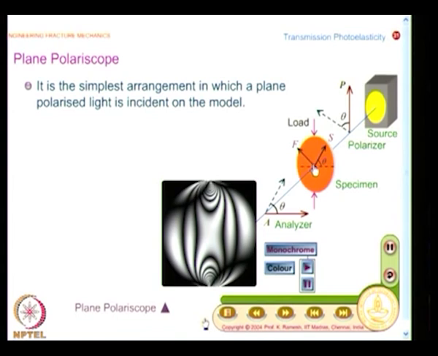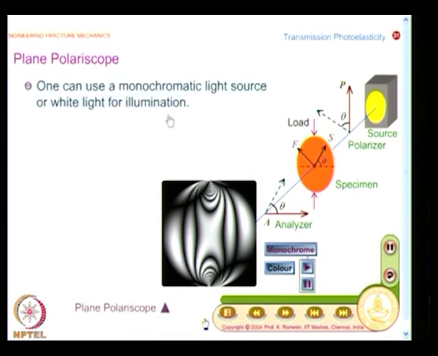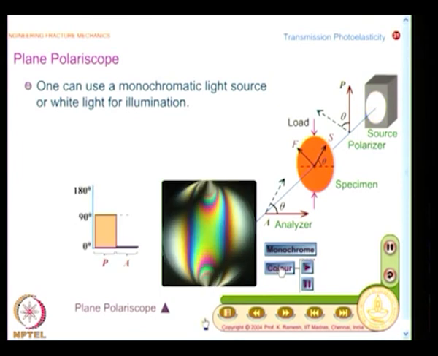For the kind of optical arrangements you have in conventional photoelasticity, whether it is fast or slow, it does not make much of a difference. Then what do you find here? One can use a monochromatic light source or white light for illumination. So, what I can do is, instead of monochrome light source, I can also put a white light source.